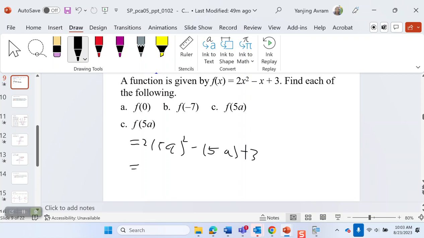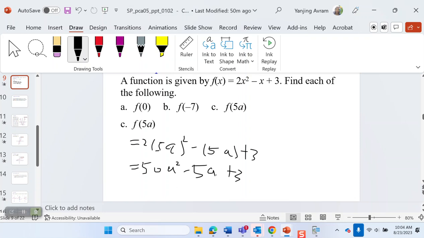But we have to simplify. We have to calculate this one right here. 5a squared, the 5 also needs to be squared, so 5a squared is 25a squared. 25a squared times 2 will be 50a squared. So this will be 50a squared minus 5a, because there's no like term, you cannot add them together, and then plus 3.